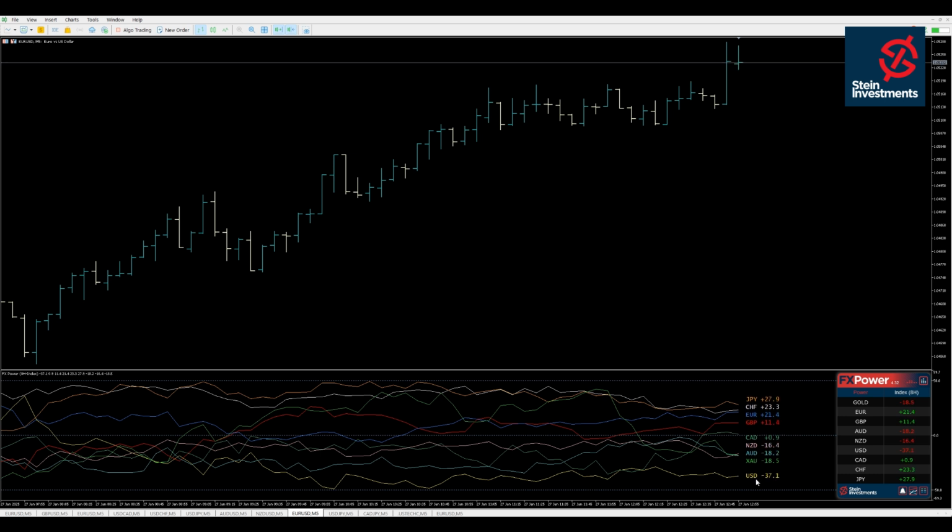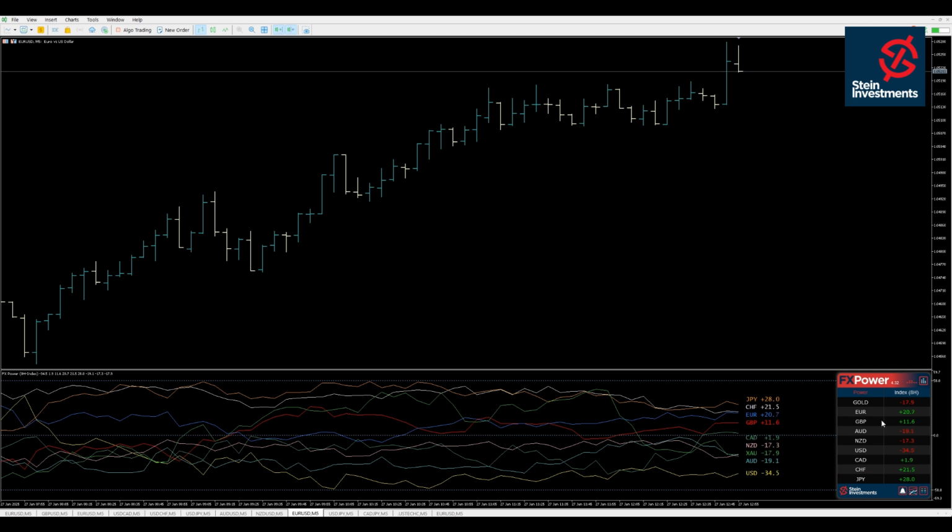So if we use the US dollar here, for example, FX Power analyzes the charts for the Euro US dollar, Pound US dollar, Aussie dollar US dollar, Kiwi against the US dollar, and so on. So it's always monitoring all the US dollar pairs to determine the individual strengths of the US dollar against all the other currencies. And the same is true for all the other currencies as well.